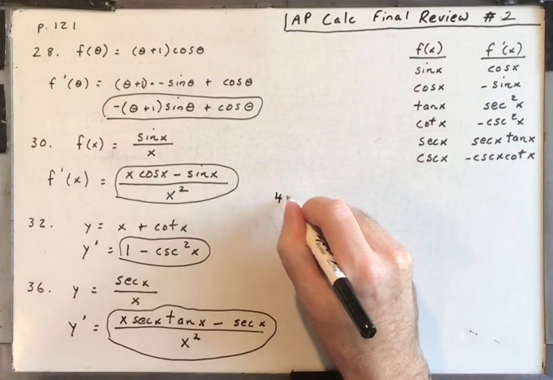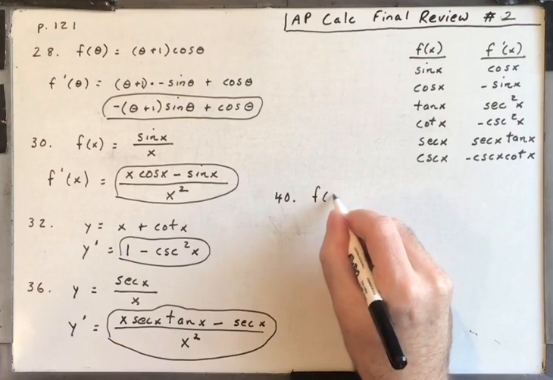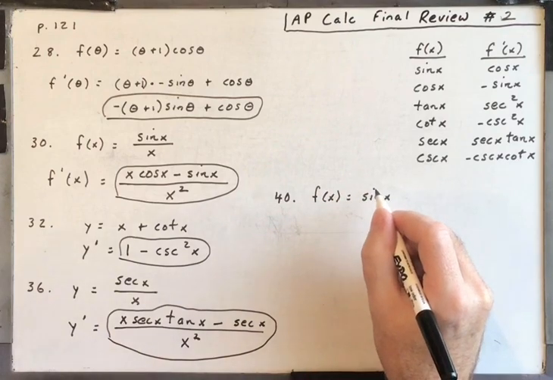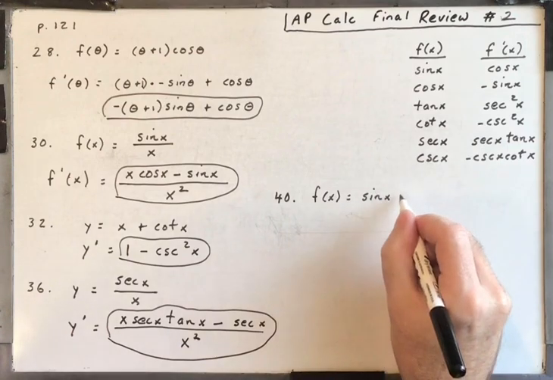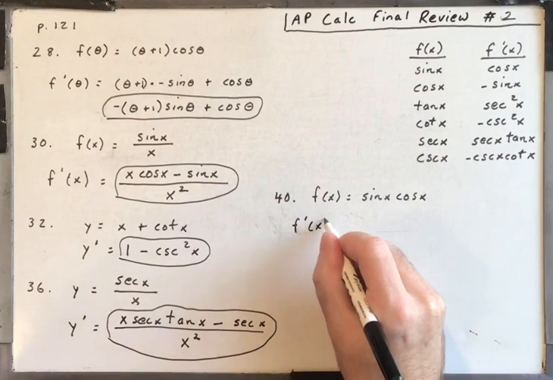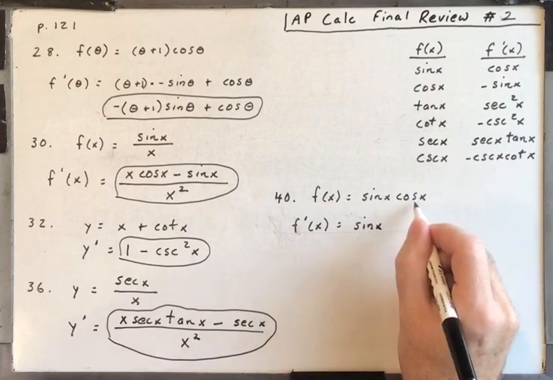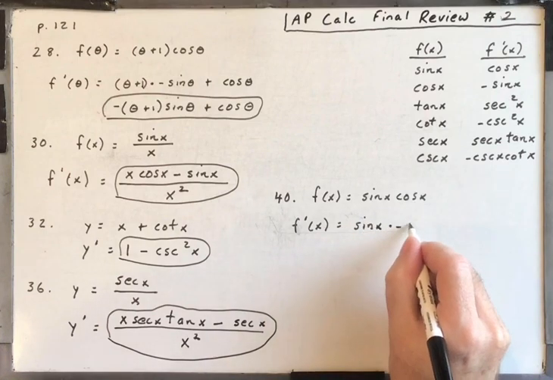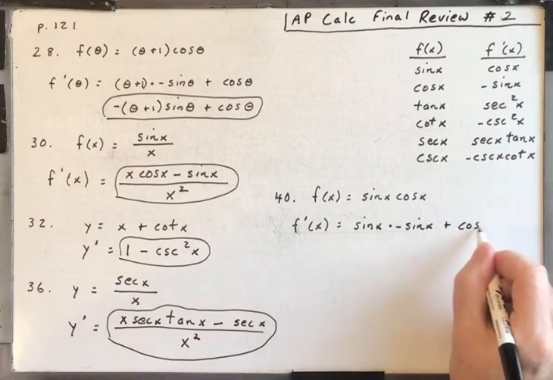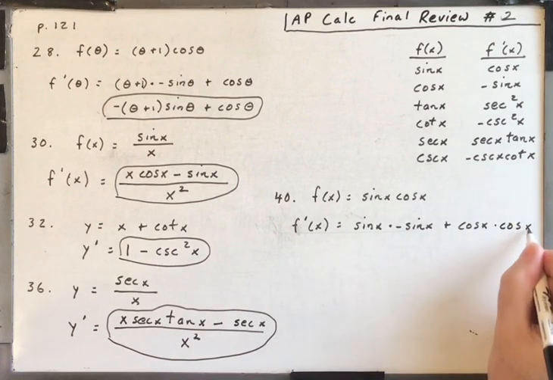Let's see if we can squeeze in number 40 here. F of x is sine x times cosine x. So f prime of x is the first, sine x, times the derivative of cosine x, so times negative sine x, plus the second, cosine x, times the derivative of the first, cosine x.